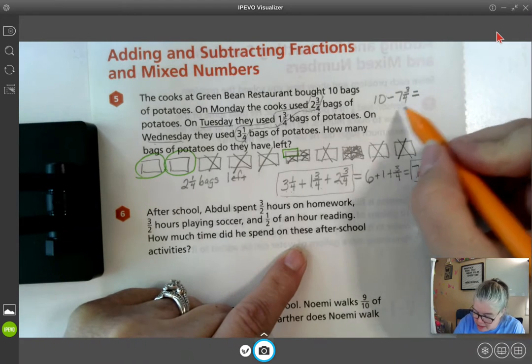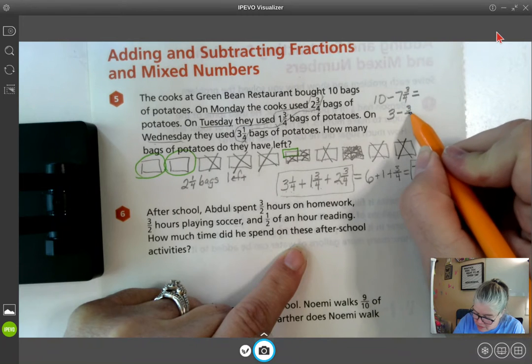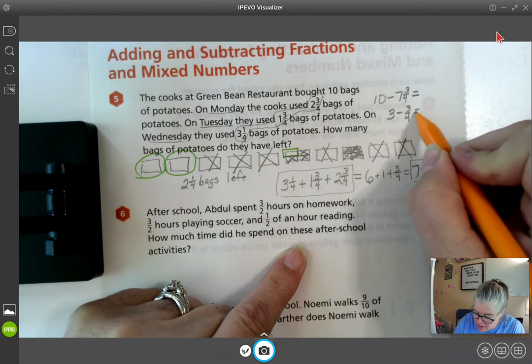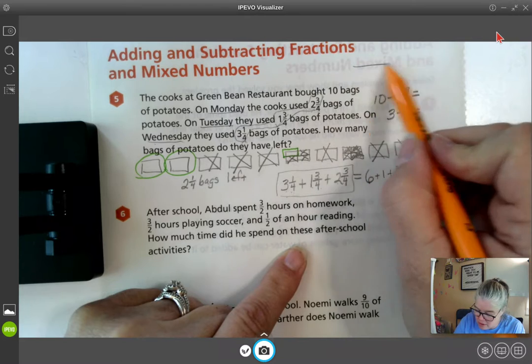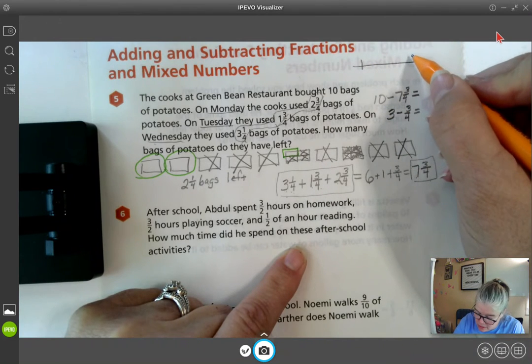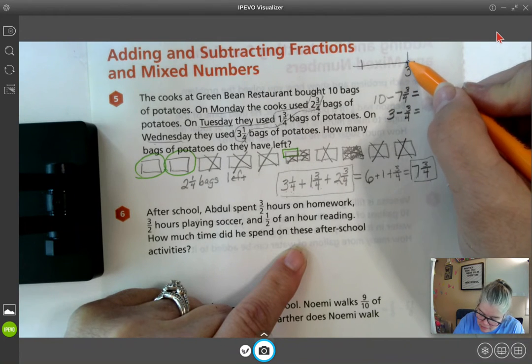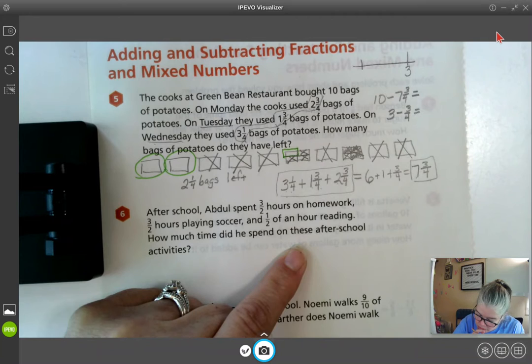So I know 10 minus 7 equals 3. And then I need to take off that 3/4. 3 minus 3/4. So I better go on a number line. So I need to know if I'm at 3 and I take off 3/4, where will I be?